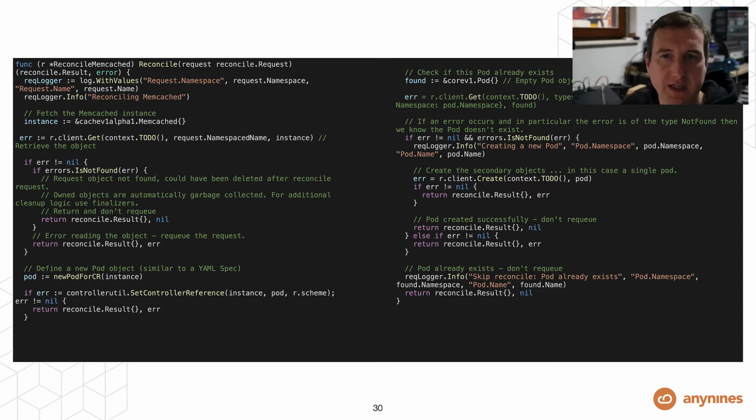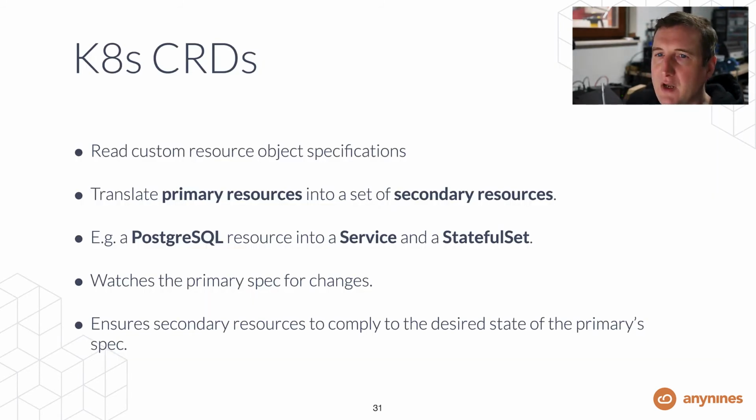In this case, this would mean creating a pod. As I said earlier, in a Postgres example, this would more likely be creating a service and then a stateful set. But the structure is similar. The controller basically owns the translation from the desired state of the primary object and writes specifications of the desired state of the secondary objects.